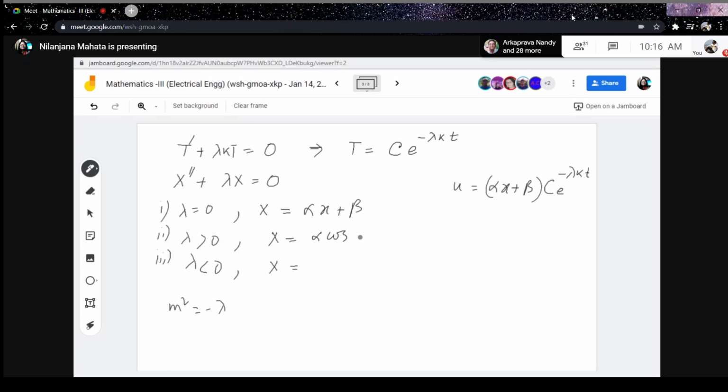alpha cos root lambda x plus beta sine root lambda x. And another will be e to the power, in terms of, we will write it in the form of cos hyperbolic. You remember e to the power x plus e to the power minus x by 2 is cos hyperbolic.